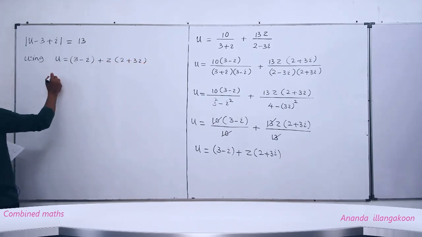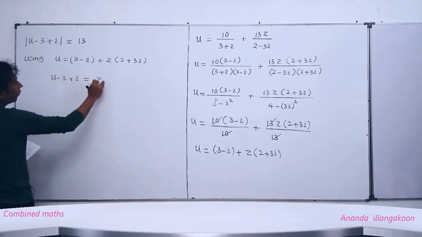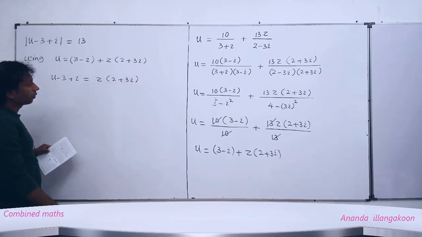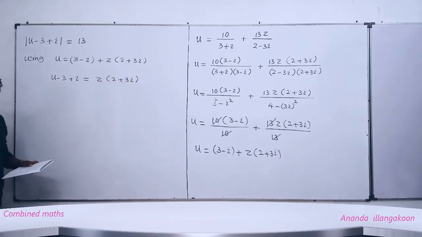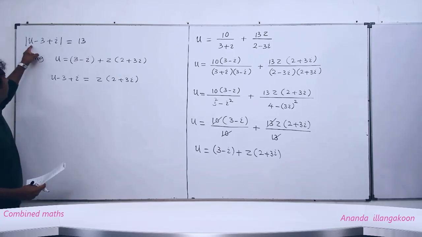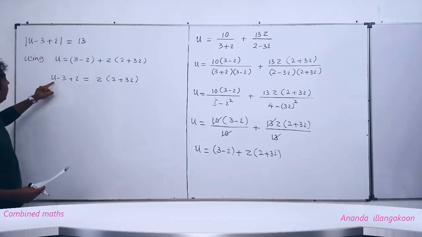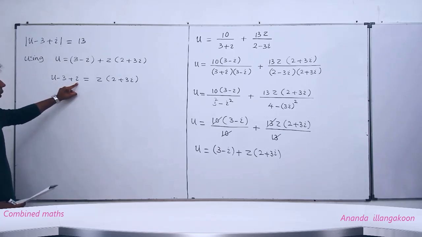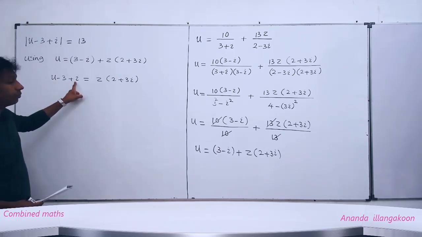Bring this to this side. u minus 3 plus i is equal to this. Right. Then we need to find the modulus. We are given the modulus of this, no? This complex number only we have here. Then I can put, right, people? I can find the modulus of this.